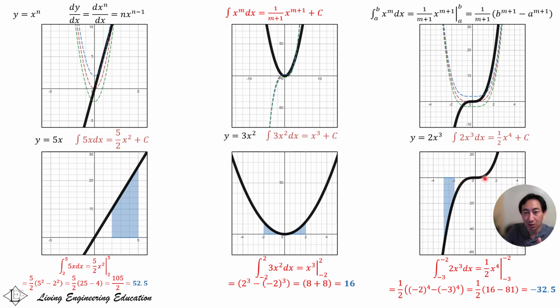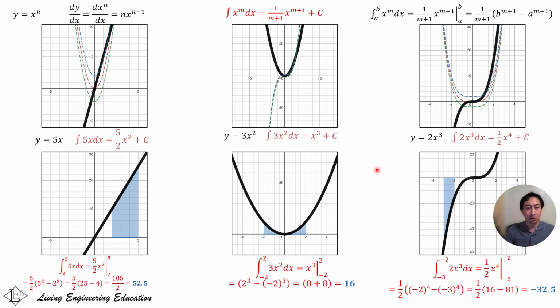We'll see that they can cancel each other out and have an integral equal to 0, or positive or negative depending on what portion. And so we'll look at that from an additive perspective in future videos.